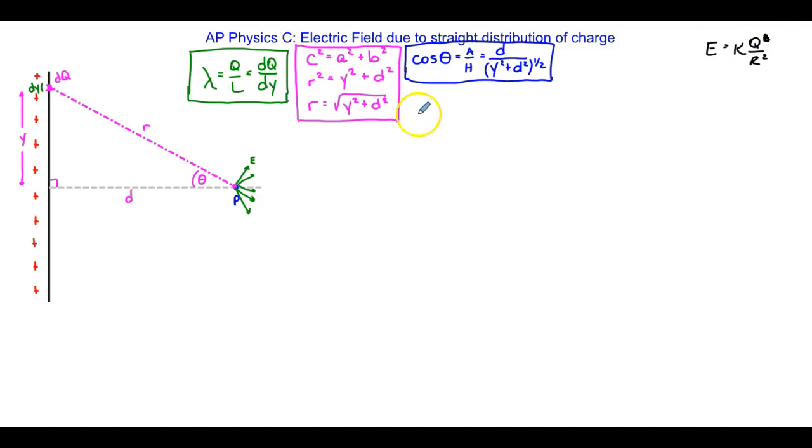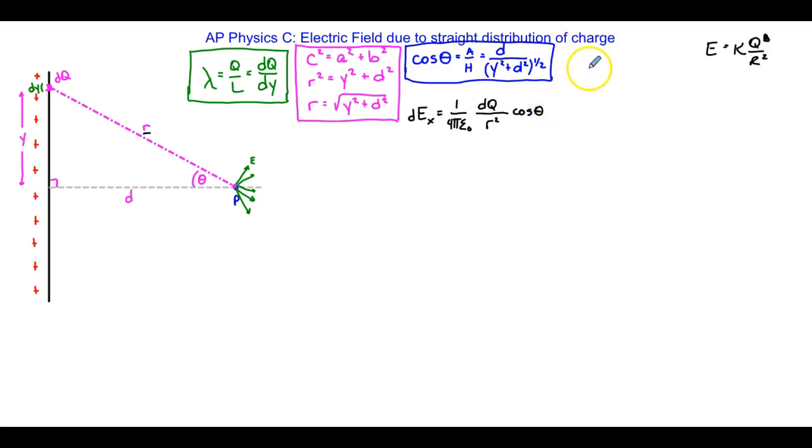And so now I can say that the component dE sub x, the component of the electric field in the x direction, is equal to k, which is 1 over 4 pi epsilon naught, times dq, the differential of charge, or the tiny little bit of charge, over r squared. I'm going to use lowercase r because that's what I used here in my right triangle, times the cosine of the angle theta.